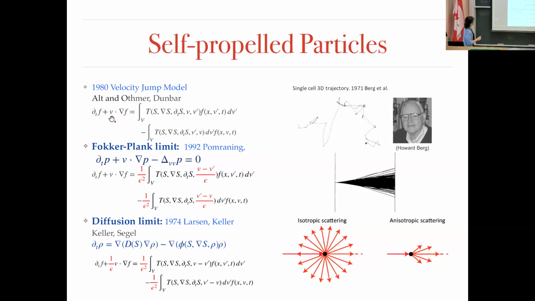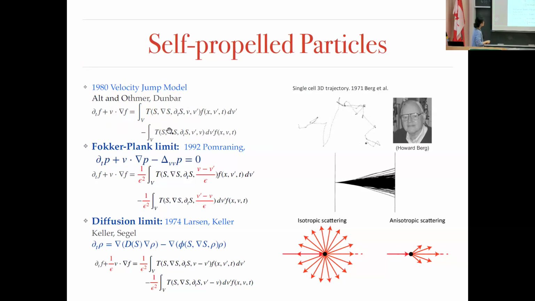The function f depends on space x, time t, and the movement direction v. How the cell senses the environment is encoded in this tumbling kernel. S is the outside signal, and how much the cell wants to change its movement direction is determined by the outside signal or the gradient of the signal.